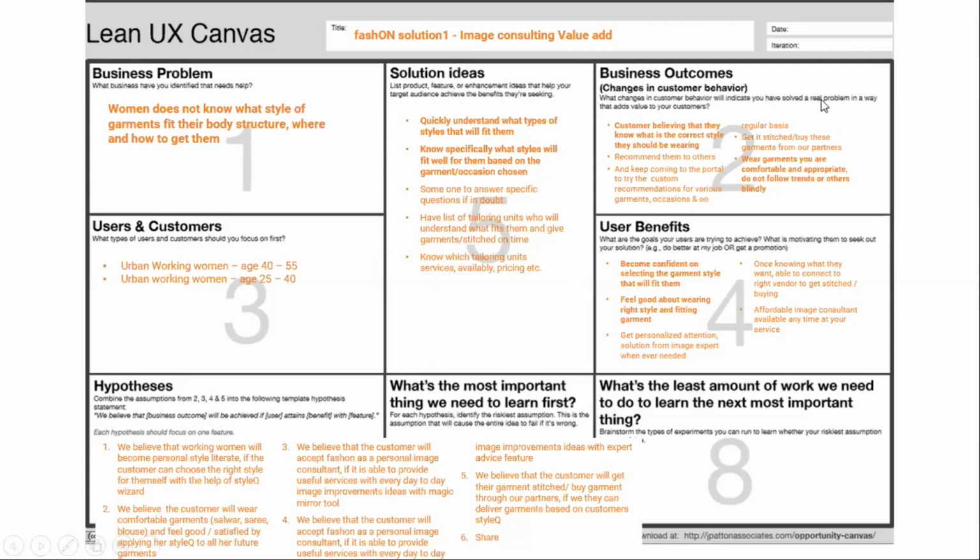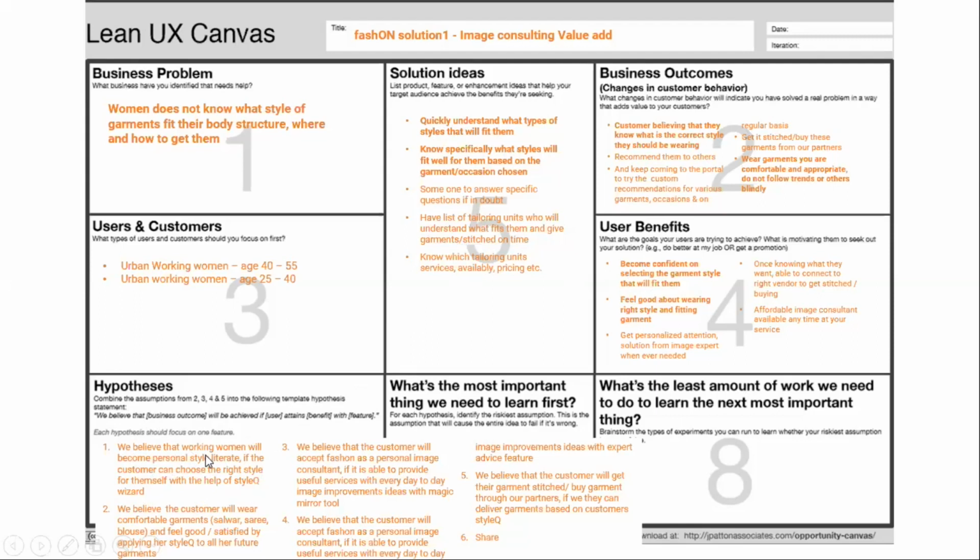Okay, we have combined 2 and 3 now, and then you have to get to 4. 4 is being confident in selecting the garment style that will fit. So if the customer can choose the right style for themselves, that is the benefit. With the help of Style Q wizard. So if this is a wizard kind of tool you're going to have, with the help of Style Q wizard.